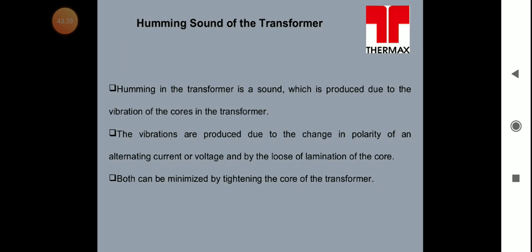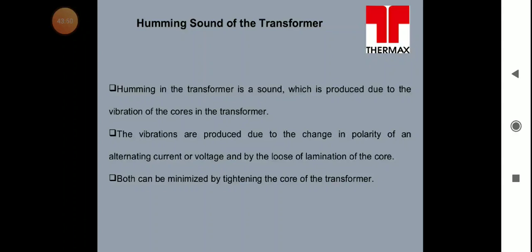Because of the core vibration, this type of humming sound is generated.